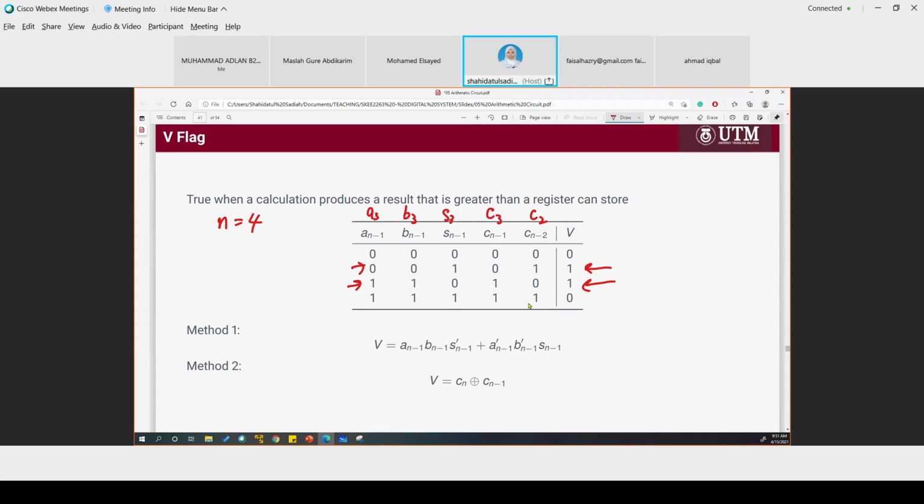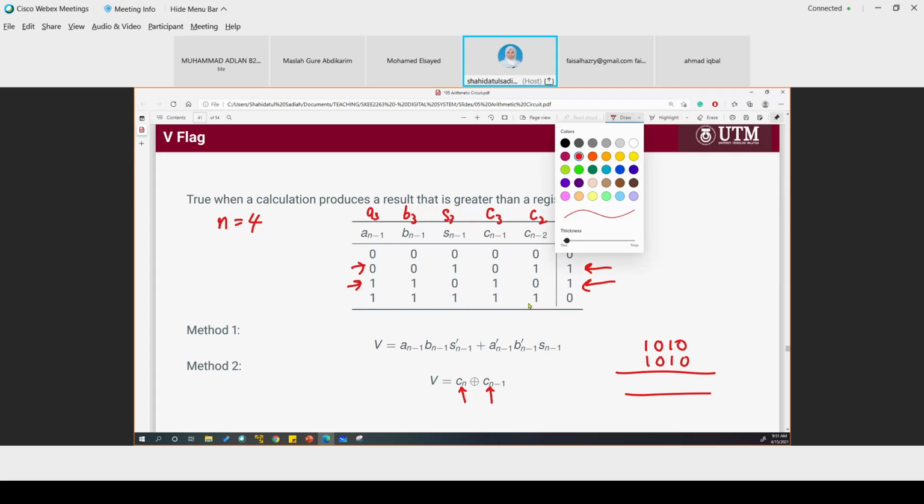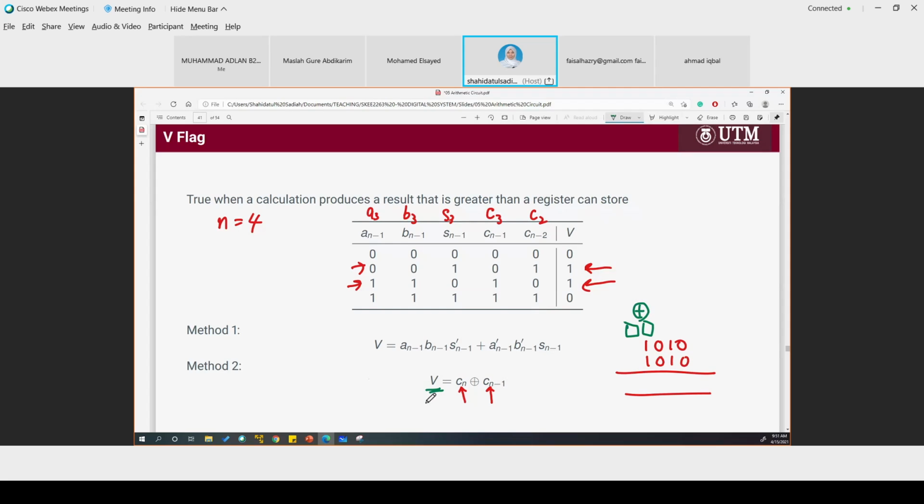Or you can check the carry at bit n and bit n minus 1. When you do the calculation, check the carry at this position and this position, XOR the two, and you will get the value V. So you can find the value V depending on what parameter info you have.